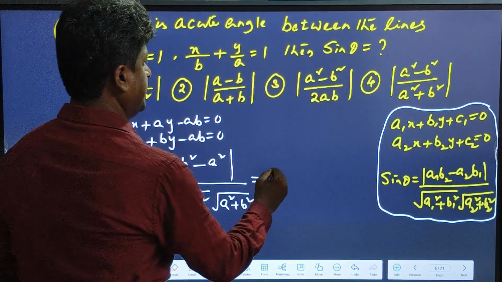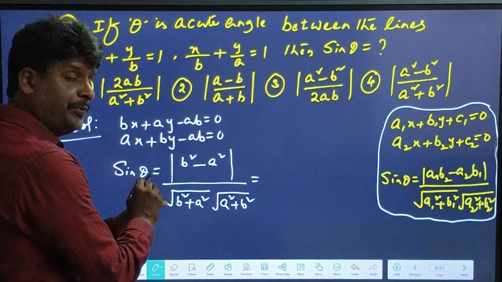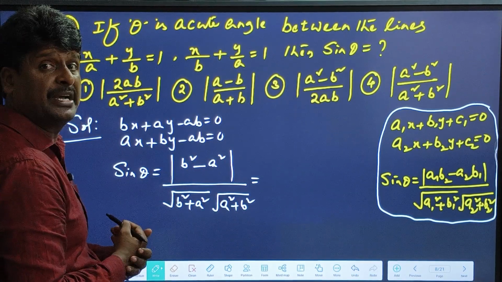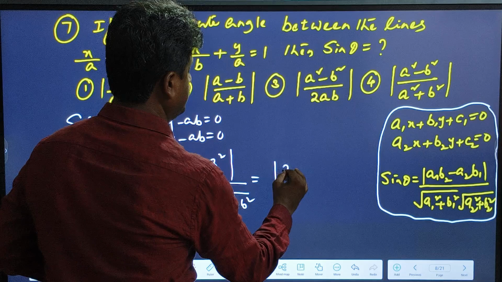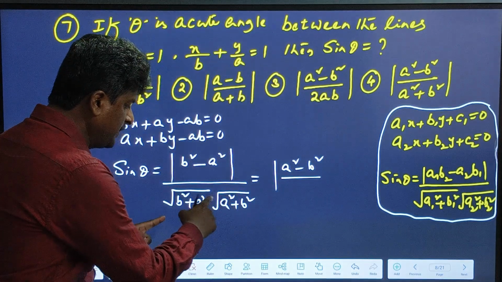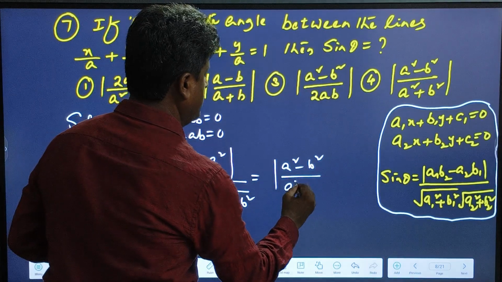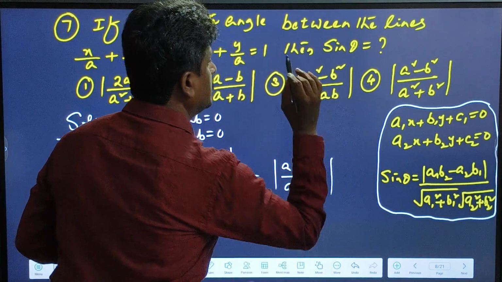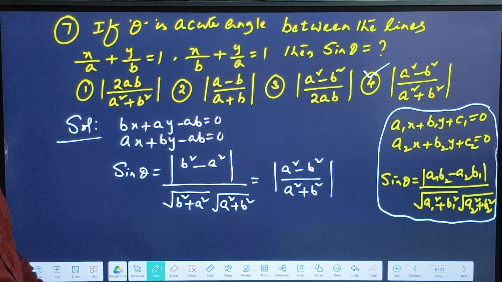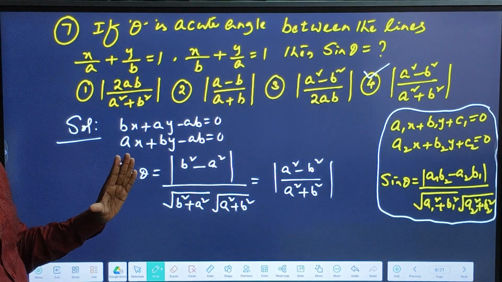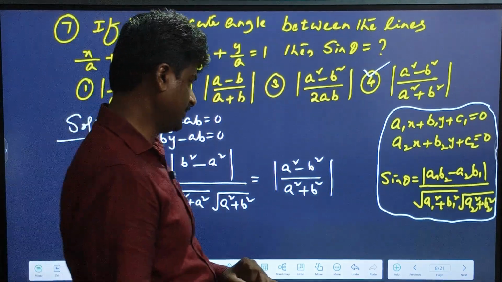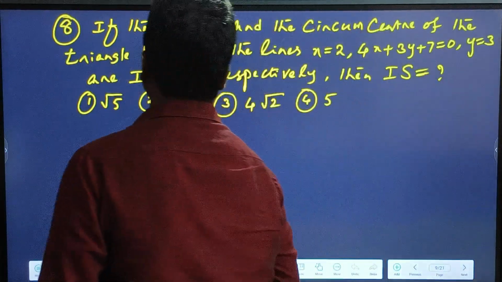Inside the modulus we can also interchange the terms whenever a minus sign is there. So modulus of a square minus b square by root of a square plus b square times root of a square plus b square, which will be a square plus b square. That is there in option 4. Option 4 is the right answer. Very simple question, if you know this formula. Okay. Next, problem number 8.